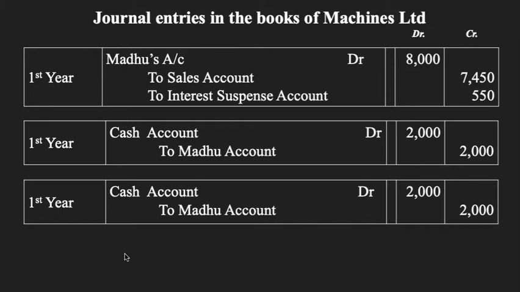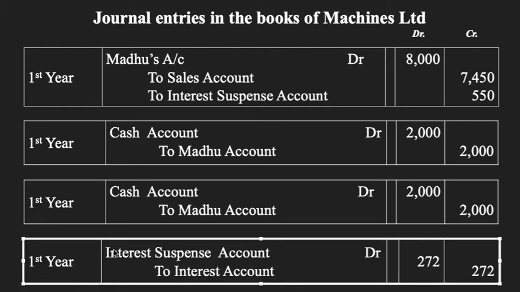The transaction for this would be interest suspense account debit to interest account, and the narration can be being interest transferred from the suspense account. So interest suspense account will be debited by 272 and interest account credited by 272. Now this interest of 272 will be transferred to profit and loss account.